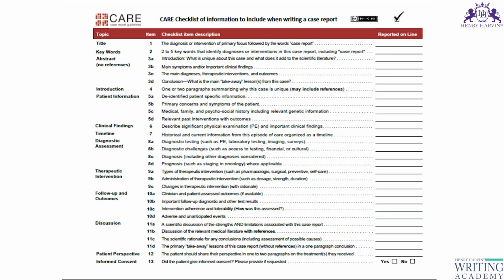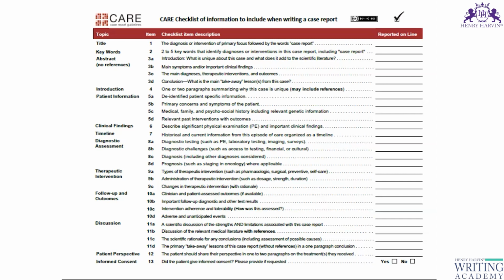Then, after writing the abstract, the next thing you have to write is the introduction. In the introduction, you can write 1 or 2 paragraphs summarizing why this case is unique and what is new in that case, what you learn from it, and what is known about the disease, diagnosis or intervention the case is about.